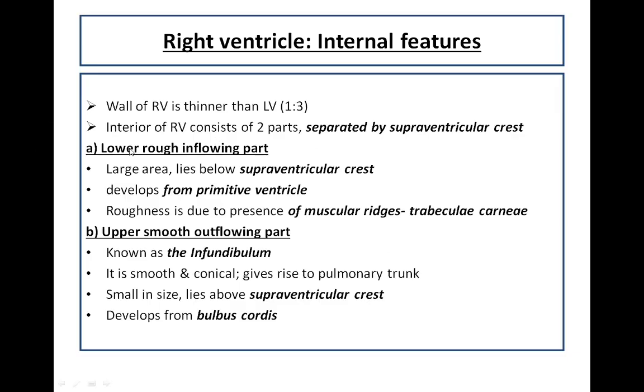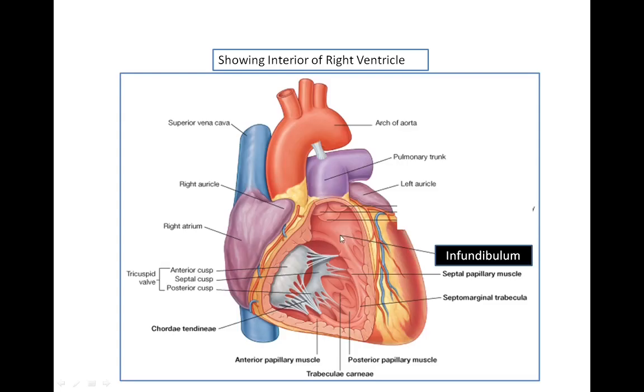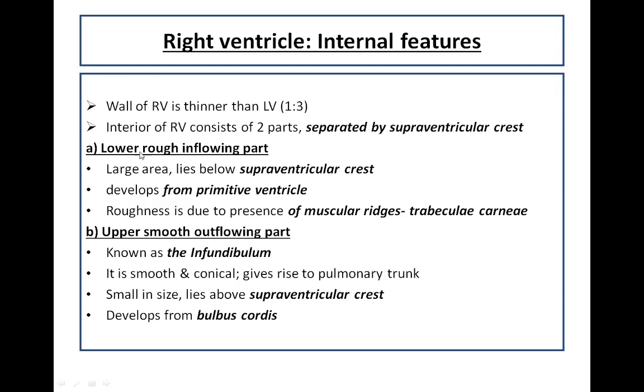See here, the lower rough inflowing part and the upper smooth outflowing part. When the right ventricle is contracting, blood goes out through the pulmonary orifice or pulmonary trunk. So this is the upper smooth part, while the lower part below the supraventricular crest is the rough part. Okay. This large rough inflowing area lies below the supraventricular crest and is developed from the primitive ventricle.